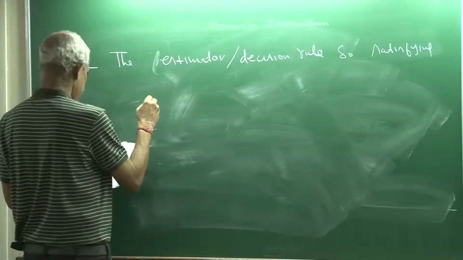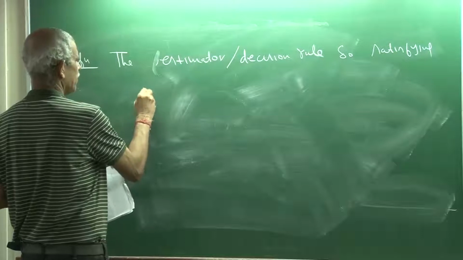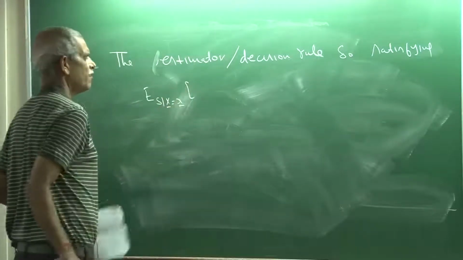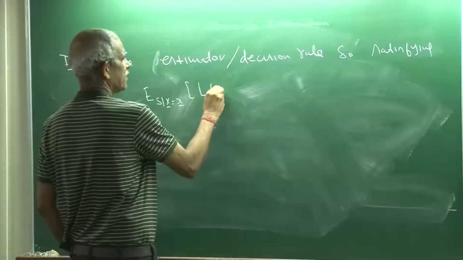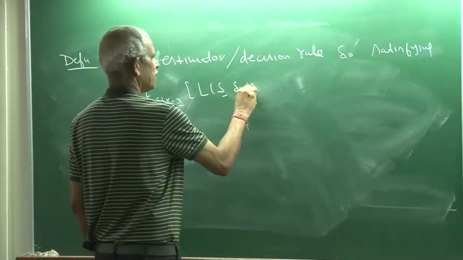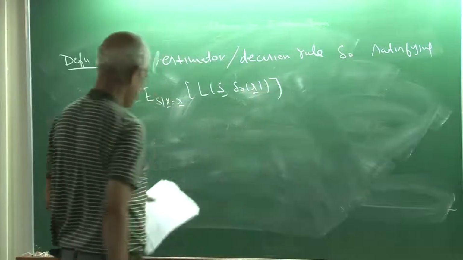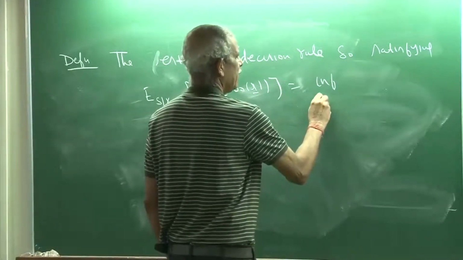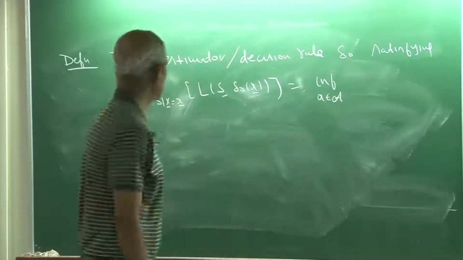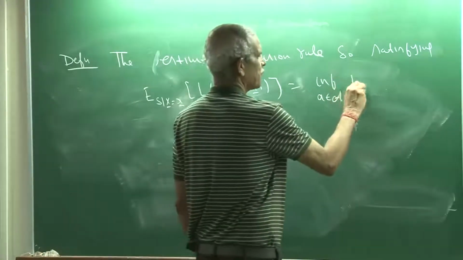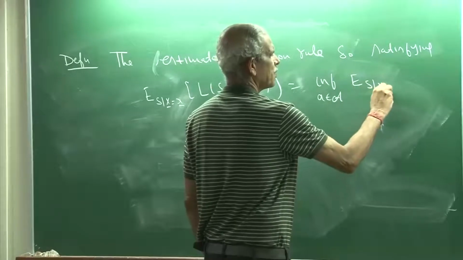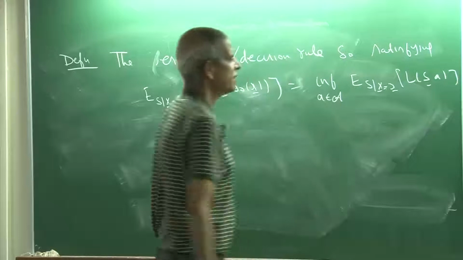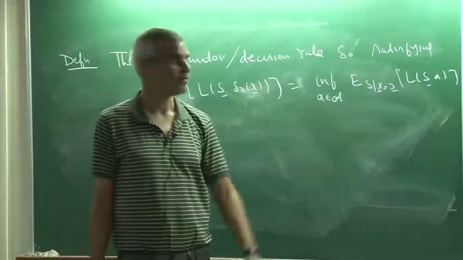So that means the expected value of L of S, delta naught, given X equal to x, is the infimum over a belonging to A. So this is a posterior loss, right?